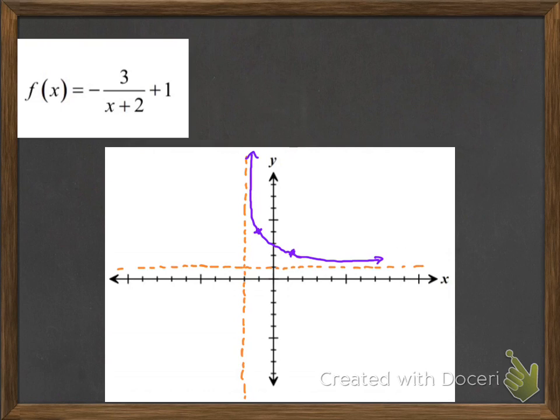I can do the same thing in the other direction. From the intersection, I can go over 1 and down 3. I can also go over 3 and down 1, and that will give me the location of 2 points for my graph. Going from one asymptote through those 2 points towards the other asymptote.